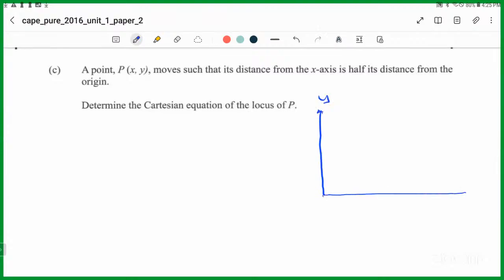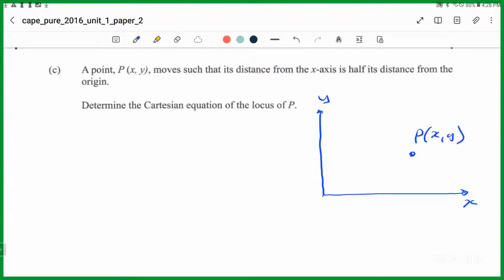So y-axis, x-axis. Let me put point P here, P(x, y).